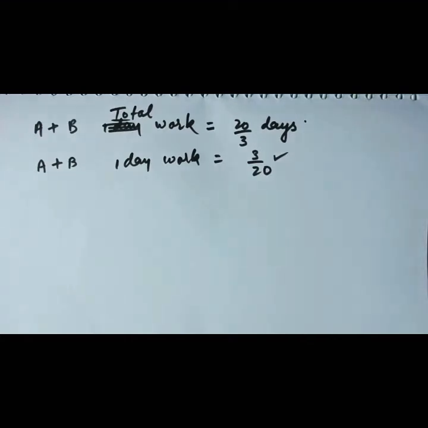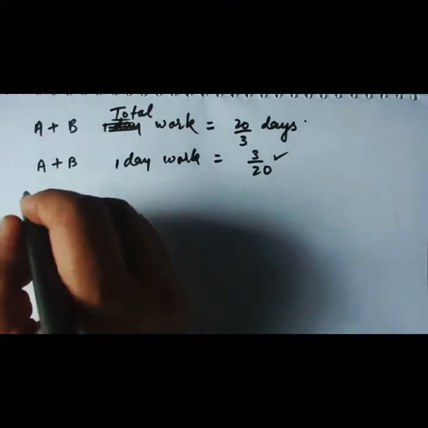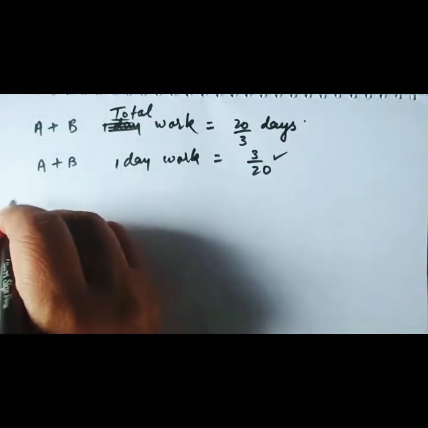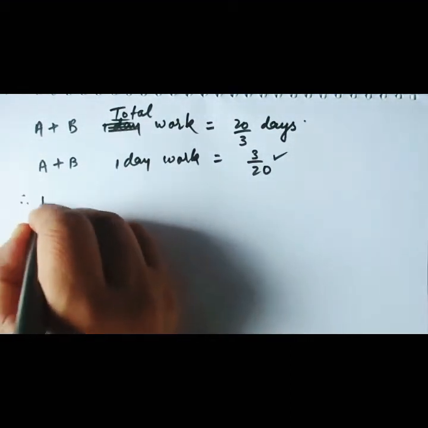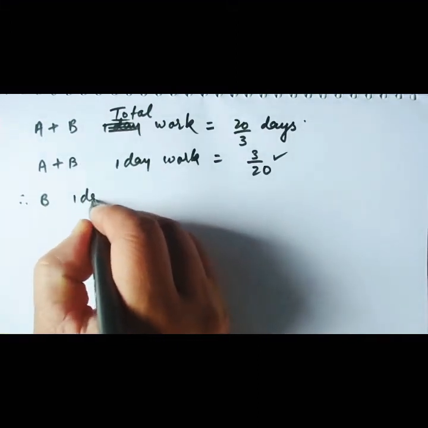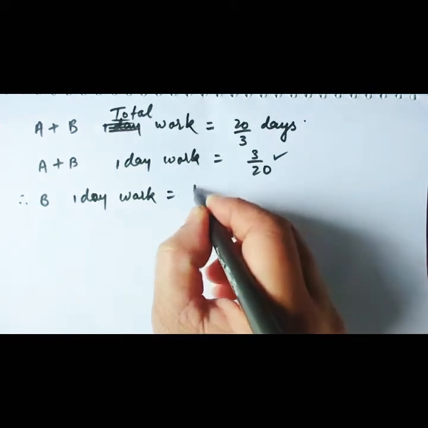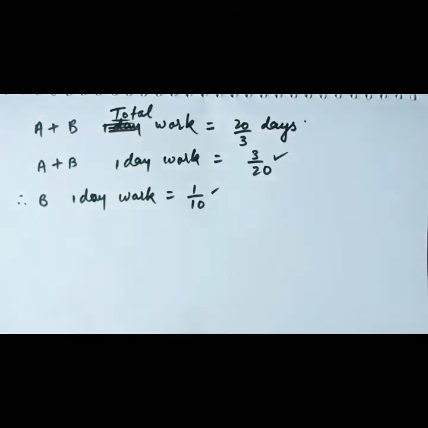Now they have given you that B alone can do it in 10 days. So when B can complete it in 10 days, therefore B's 1 day work will be equal to 1 by 10. This is what they have given you.